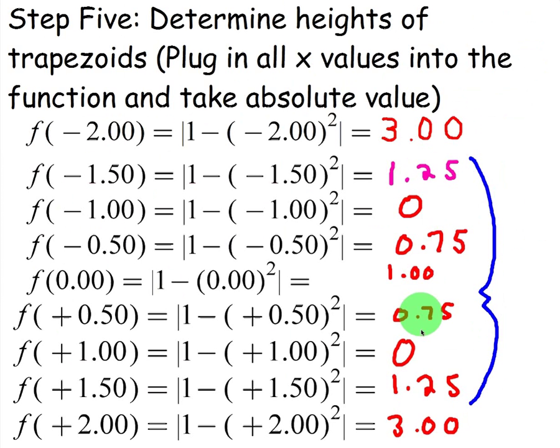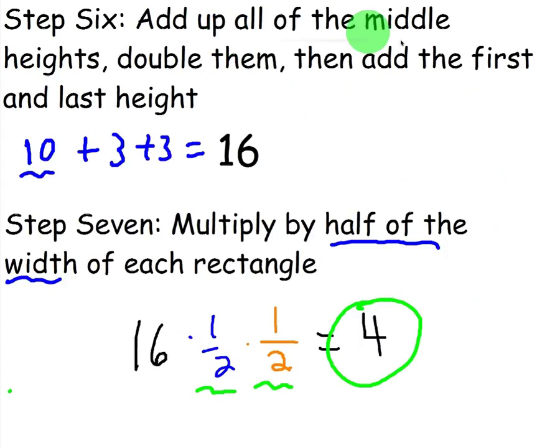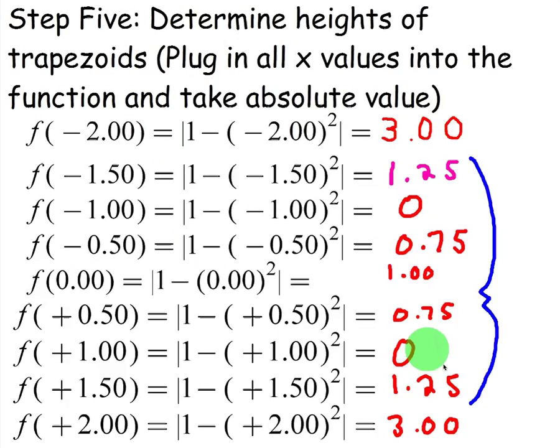So we go to do our formula, we add up all of the middle heights and double them. Then we add the first and last height since they only occur once. If you add these middle heights up, 1.25 plus 0.75, that's 2. Plus 1 is 3. Plus 0.75 is 3.75. Plus 1.25 is 5.